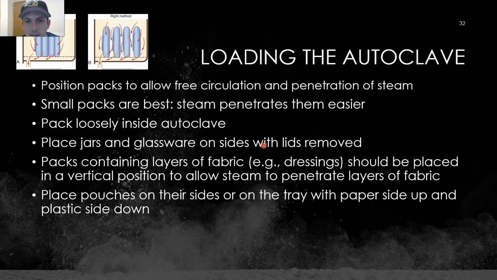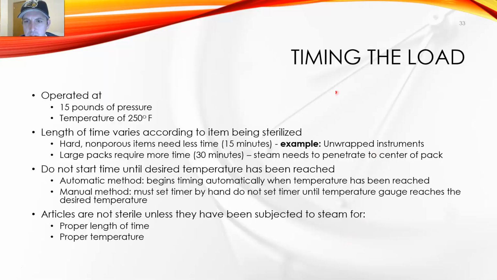Glass and jars should be placed on their side so no air gets trapped in there, which would make it more difficult to sanitize, as the temperature would not increase as it should. You should also put things in a vertical position as much as possible. And pouches go with their paper side up and plastic side down to allow for steam penetration.